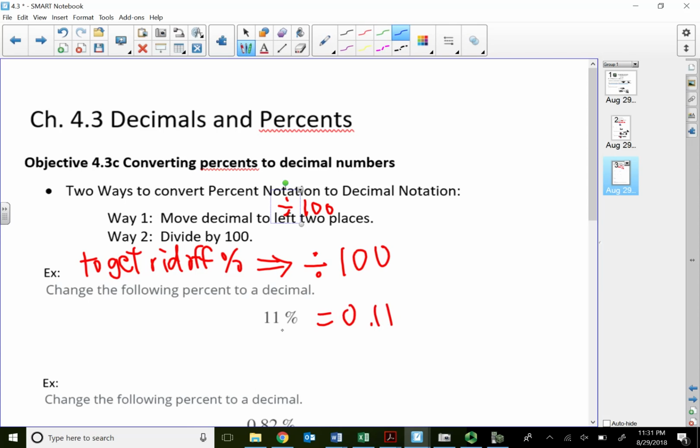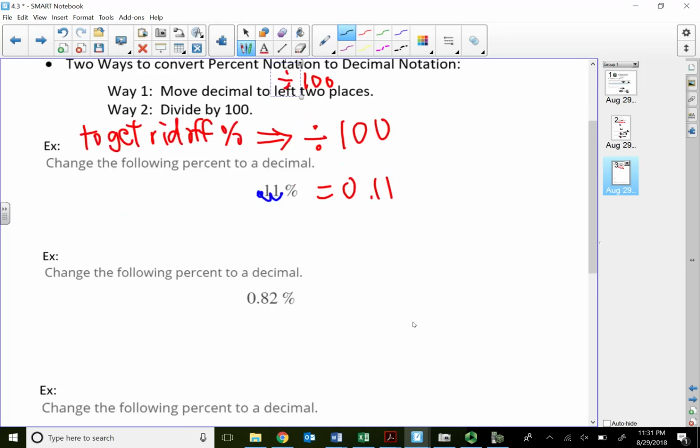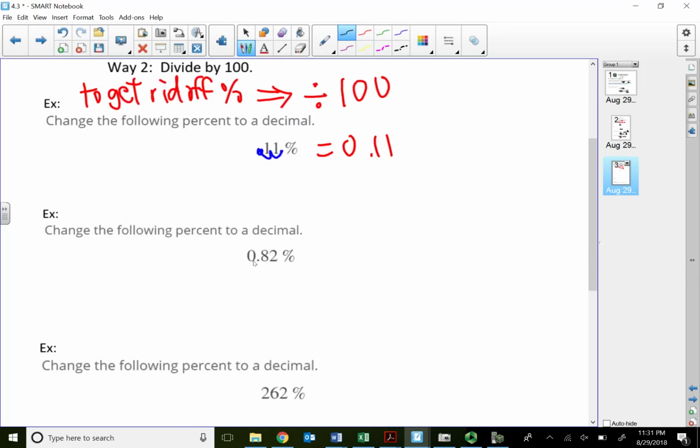Or if you want to move the decimal that was behind the 11 to the left two places, that will also give you 0.11. So either way, 11% is 0.11.